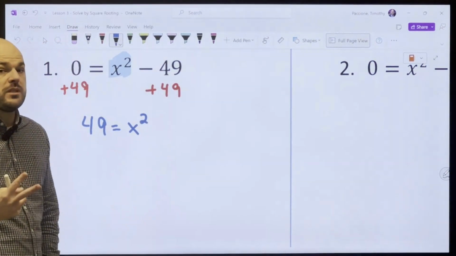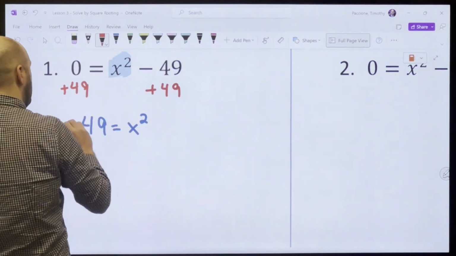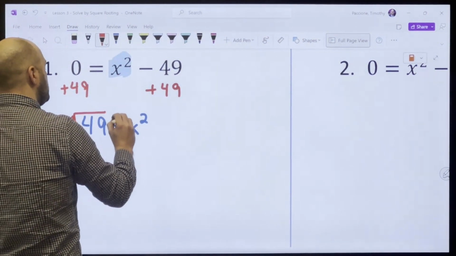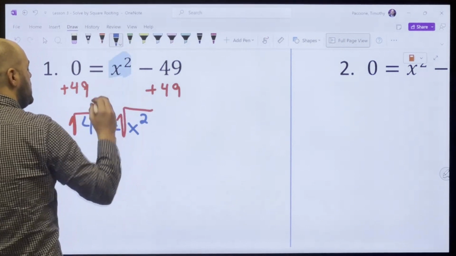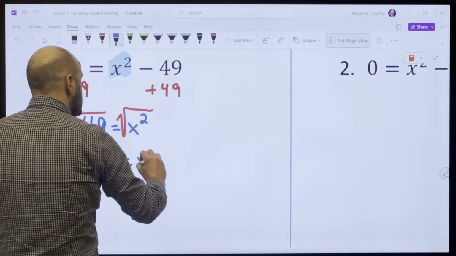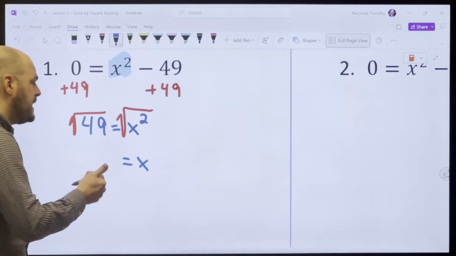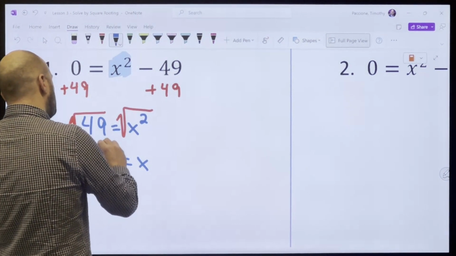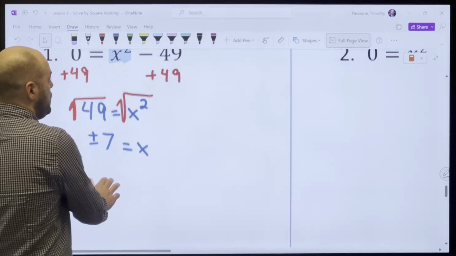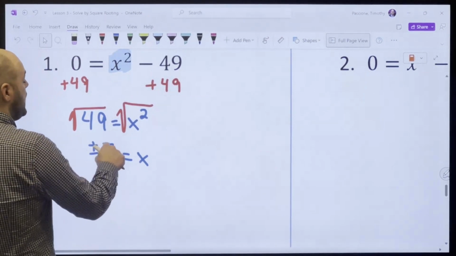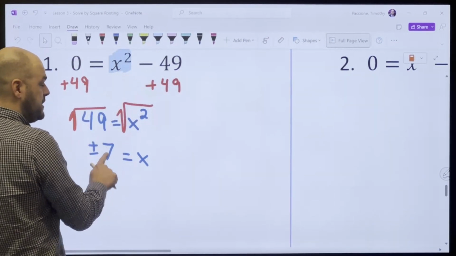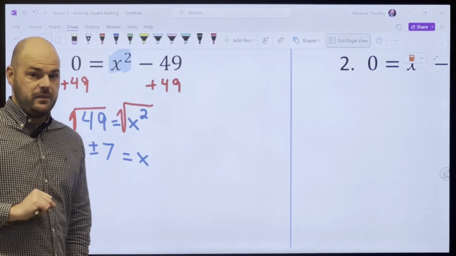Our second step was to square root both sides. So I would square root over here, square root over here. On this side, I get x. On this side of the square root of 49, we already talked about how that is plus or minus 7. Now, remember what this means. You're finding solutions. You're saying these are your solutions, meaning these are the things that if I plug them in, it would make this true.